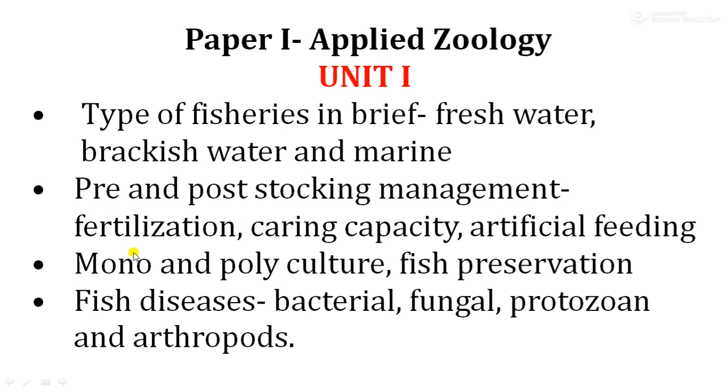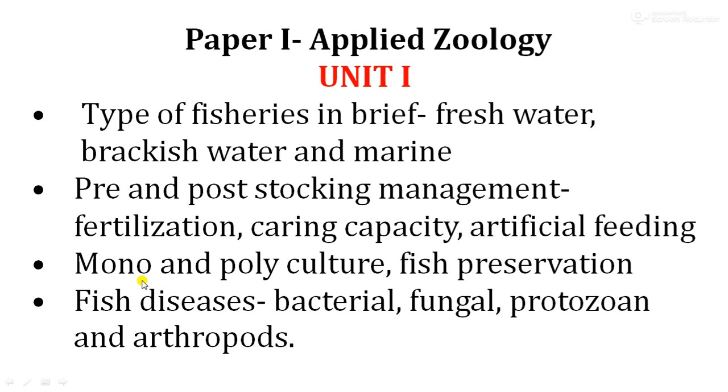Then the fertilization process. What is meant by the fertilization process as far as the fish pond is concerned. Then carrying capacity of the pond. Artificial feeding. What is the need of artificial feeding? Which kind of artificial food is provided to the fishes, that we have to see in this point.